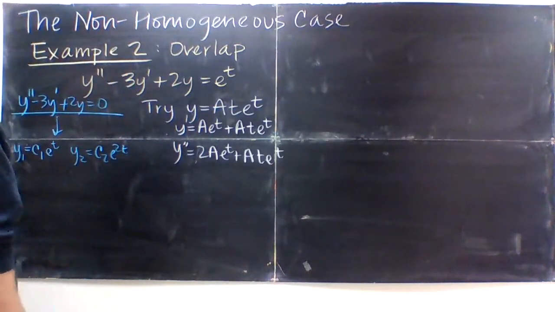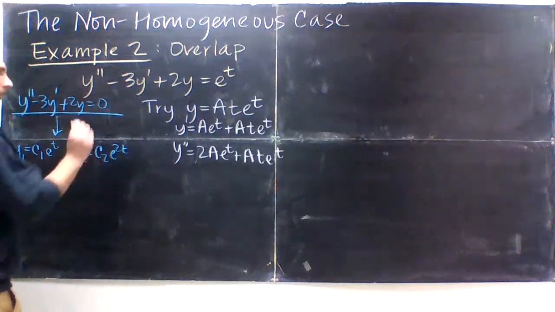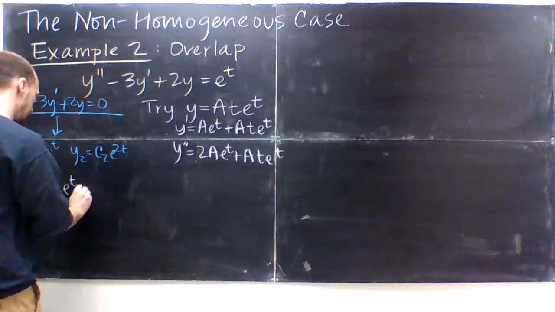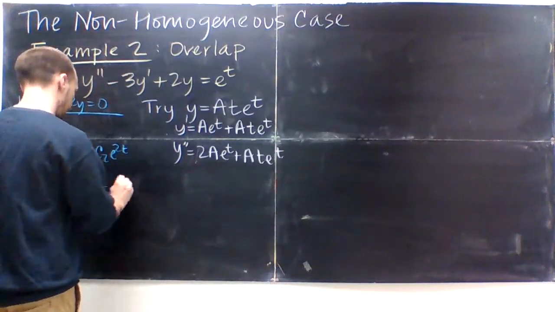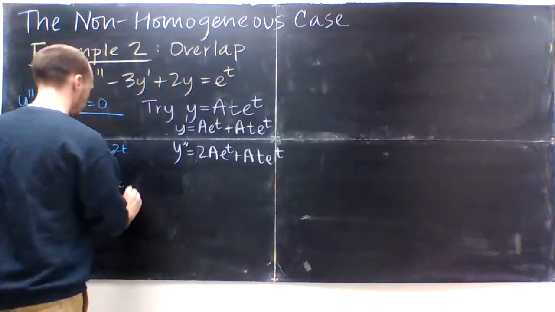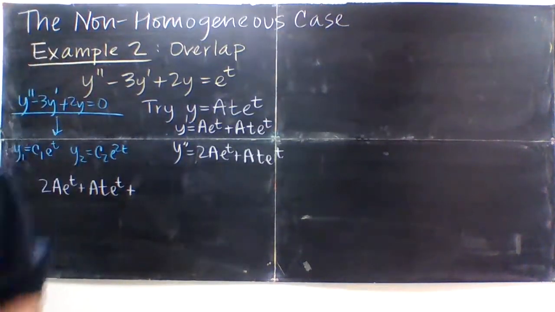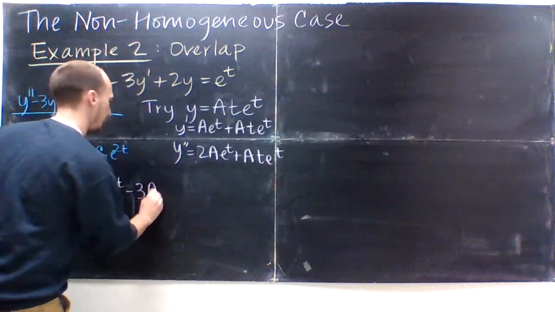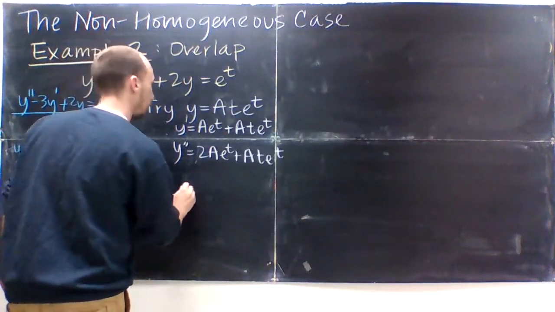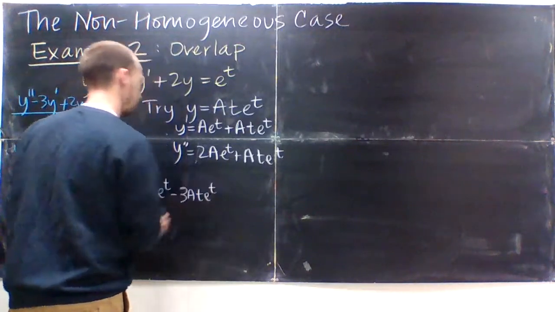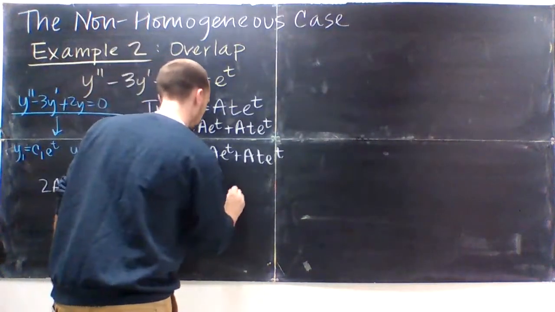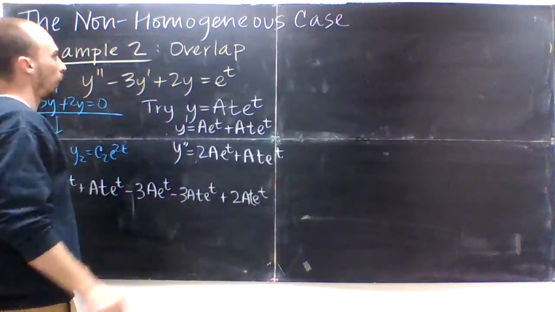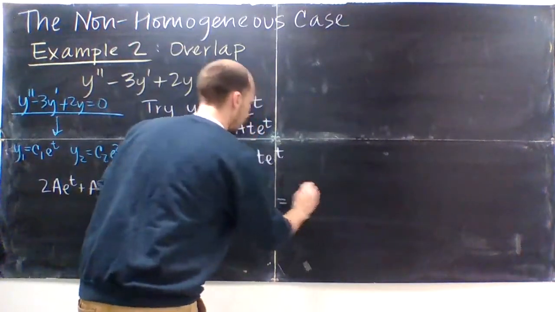Y double prime is 2a e to the t plus at e to the t, plus minus 3 y primes, which will be minus 3a e to the t minus 3at e to the t, plus 2y's, which is 2at e to the t, and that's equal to 1 e to the t.